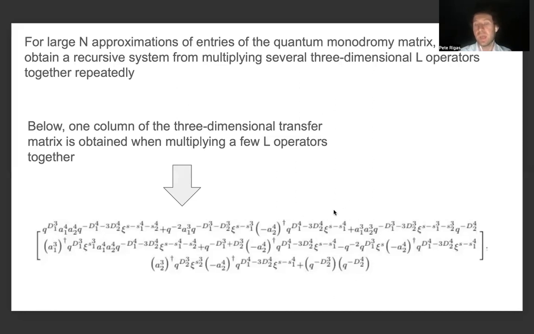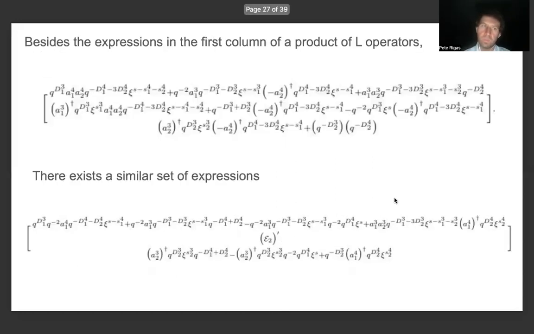So it's just to say that these types of computations can get pretty complicated quite quickly because we have to keep track of different types of influences, whether it be spectral parameters, inhomogeneities, or staggering, that can come to influence different terms in the product of L operators.